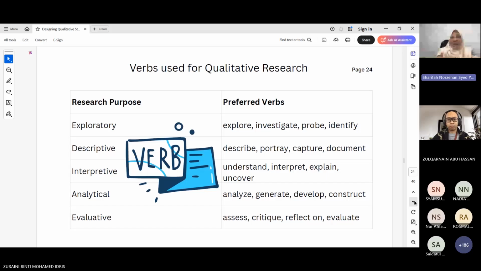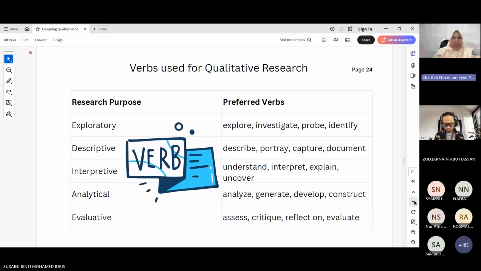These are some of the common verbs for you to use in your research objective: to explore, to investigate, to probe, to identify, or to describe. If your research purpose is exploratory, your common verbs are to explore, to investigate, or to probe.